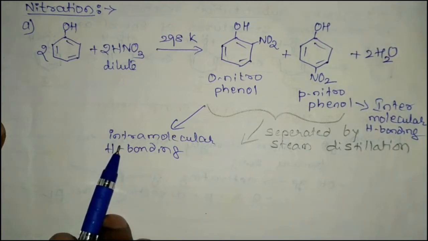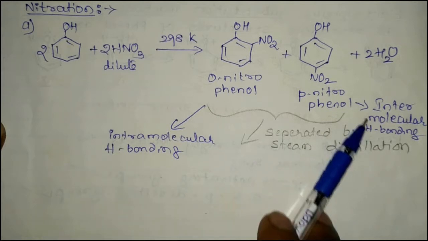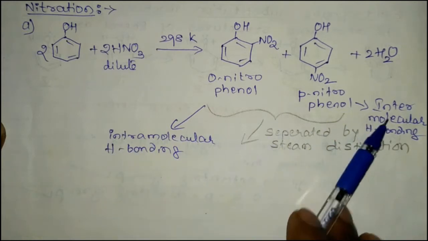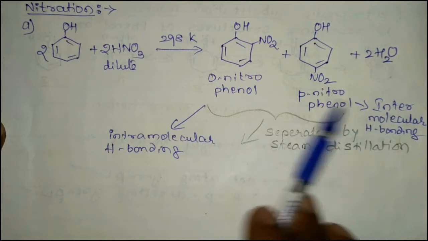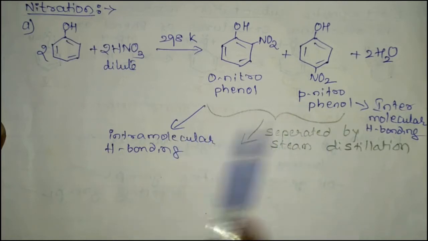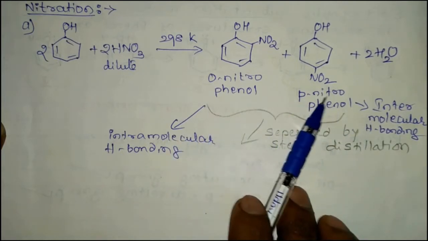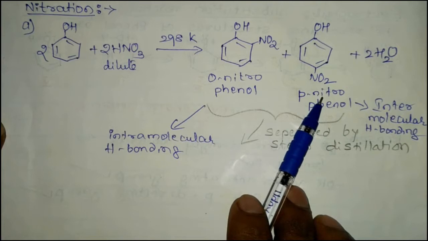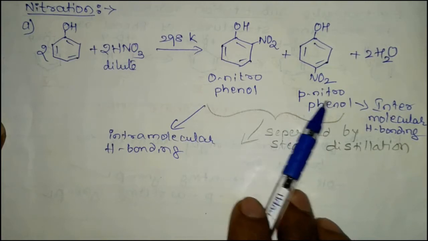Intra means within the molecule. Within the molecule you are going to get a hydrogen bond. Inter means hydrogen bond is formed between two neighboring molecules. So in paranitrophenol, association of molecules takes place, so more energy is required to break more hydrogen bonds, so its boiling point is more.